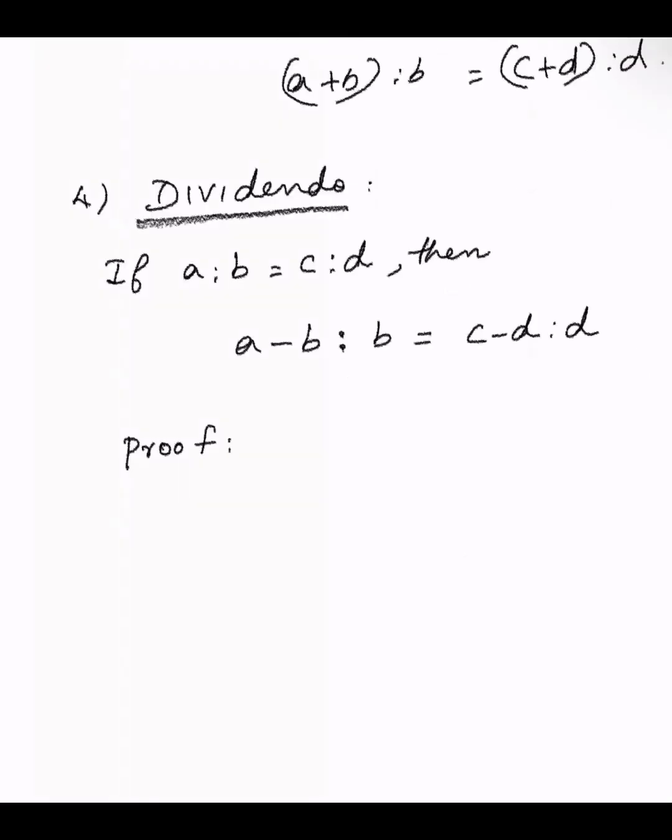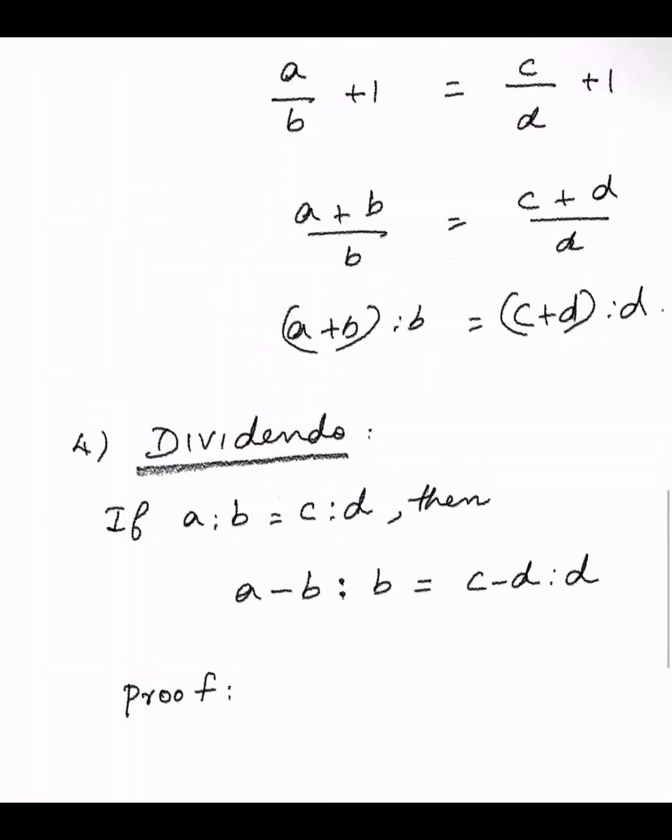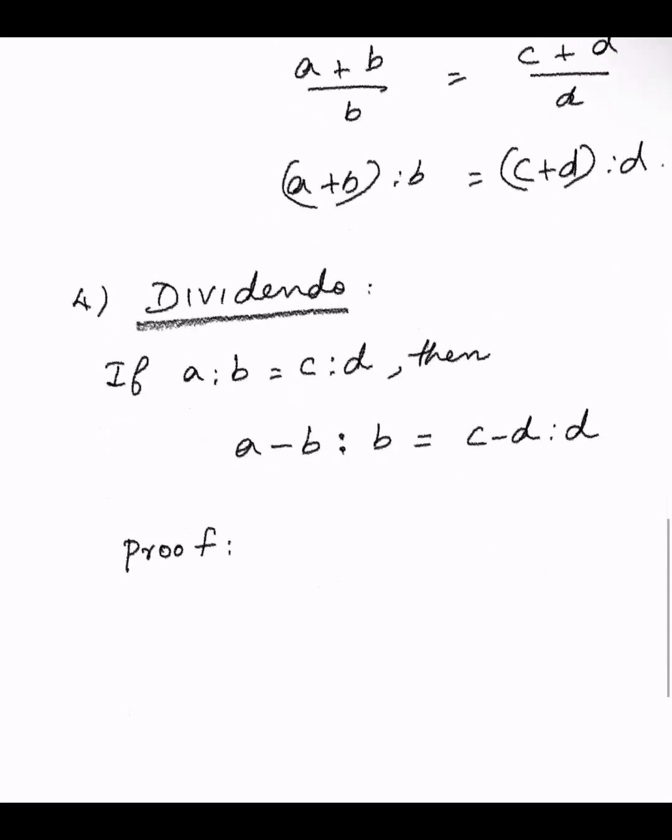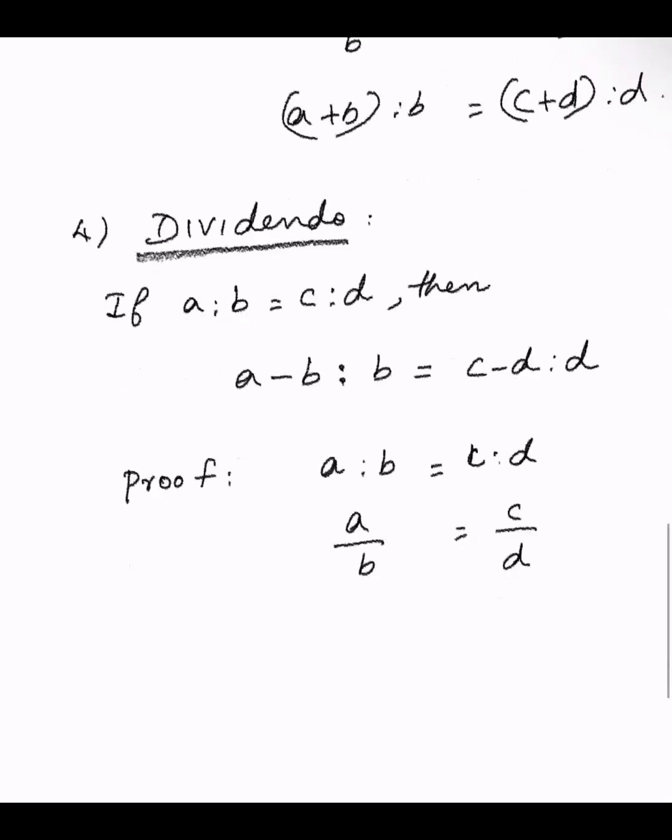Earlier in componendo you added 1 on both the sides, so here you subtract 1. Here A is to B equal to C is to D. Now A by B equals C by D. Subtracting 1 from each side.